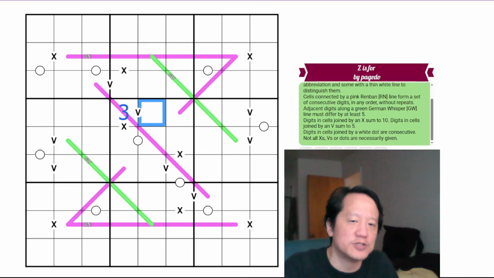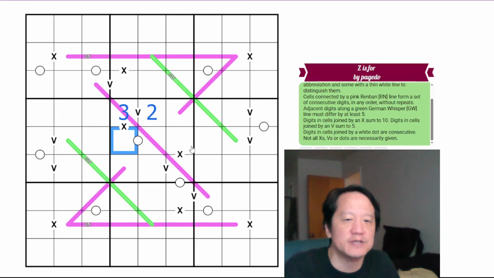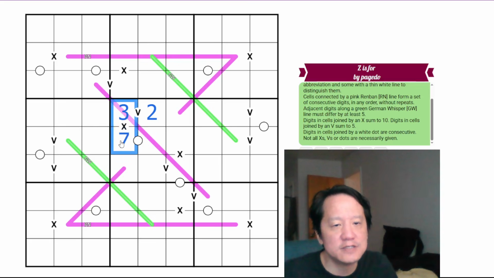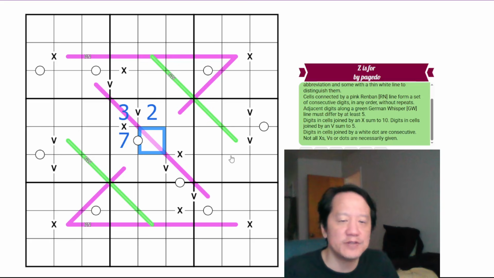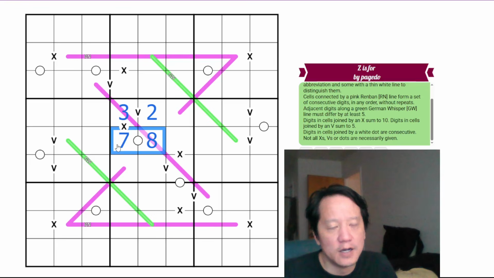Then this would have to be 2 because there's a V between them and they must add up to 5. And this must be a 7 because these digits must add up to 10 because there's an X between them. And say this was 7, then this would be 6 or 8 to be consecutive with the 7 because of the white dot between them.